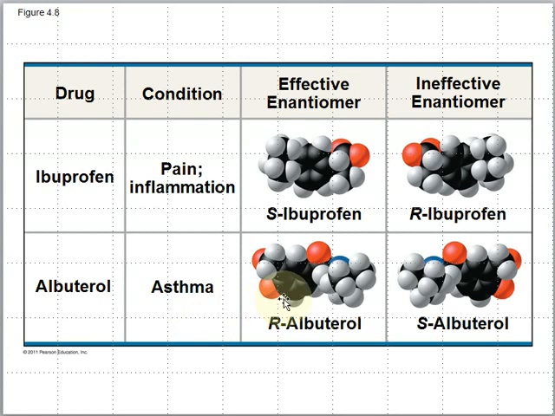Again, it has two enantiomers, an R and an S. The effective one is the R albuterol. The S albuterol does not have the intended effect. So it's pretty amazing that the 3D arrangement can play a major part in the biological effectiveness of these molecules.